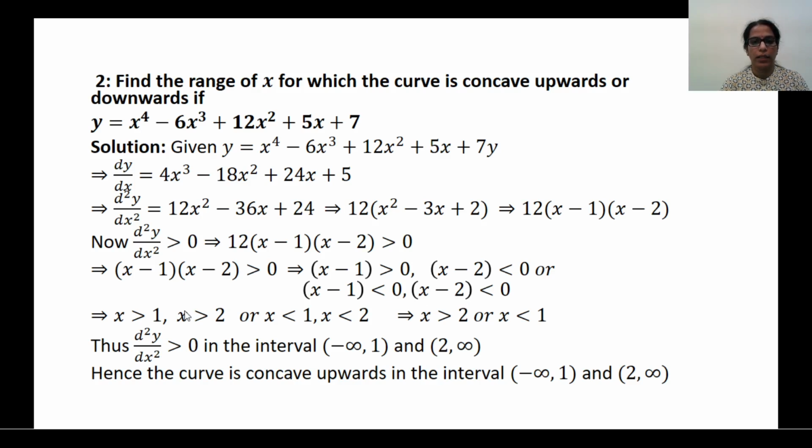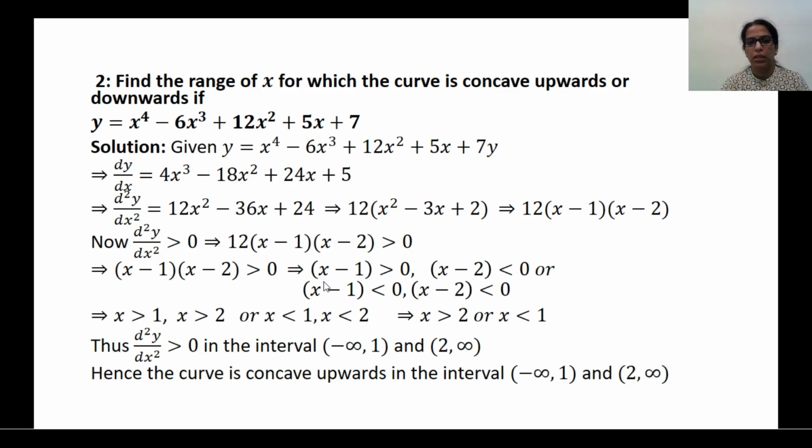Here is a mistake: it is not less than, it is greater than. If x minus 1 and x minus 2 are both greater than 0, then the product of these two is greater than 0. Otherwise, if x minus 1 is less than 0, negative, and x minus 2 is less than 0, again negative, then the product, negative into negative, becomes positive.